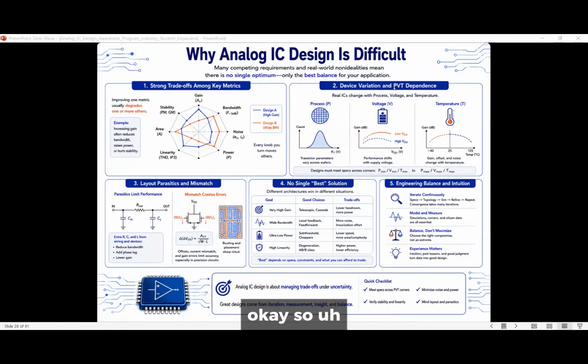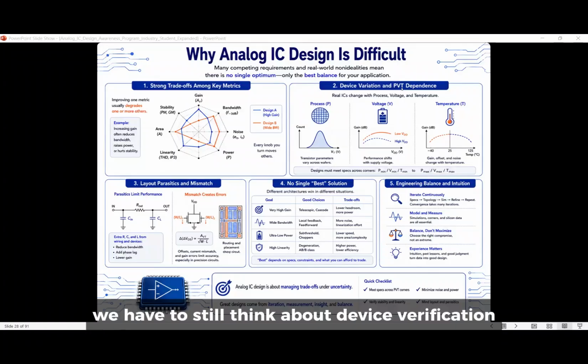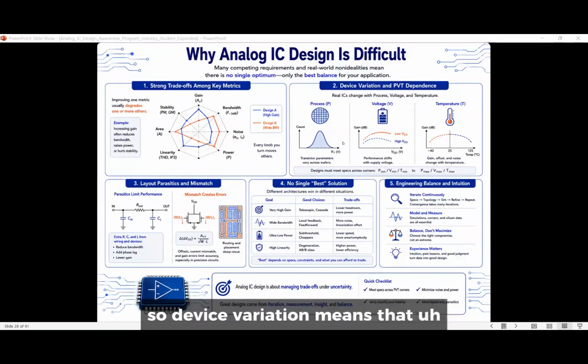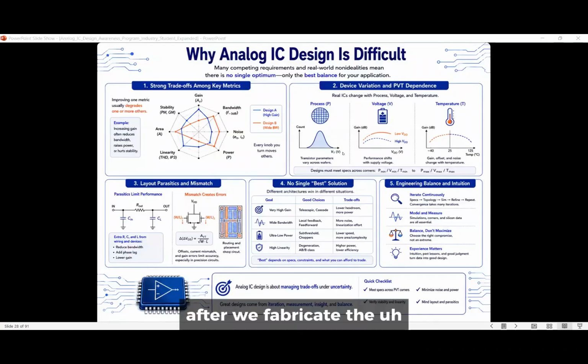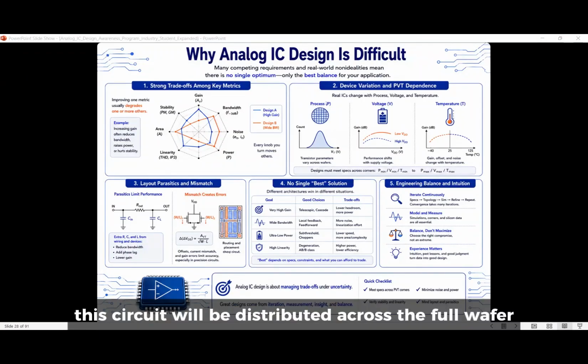So we still have to think about device variation and PVT dependence, PVT: process, voltage and temperature, right? Device variation means that after we fabricate the amplifier or the analog circuit, this circuit will be distributed across the full wafer, right?